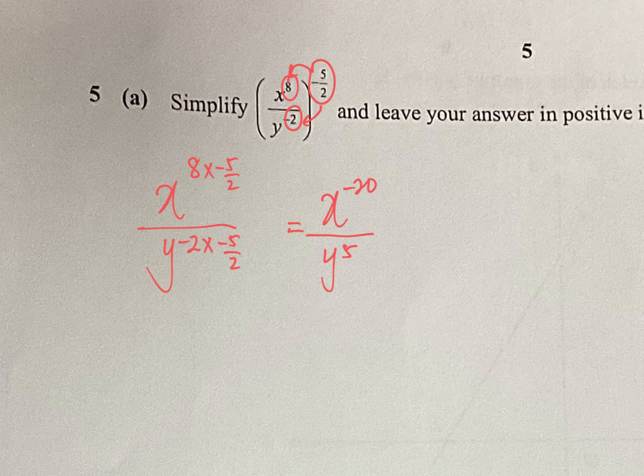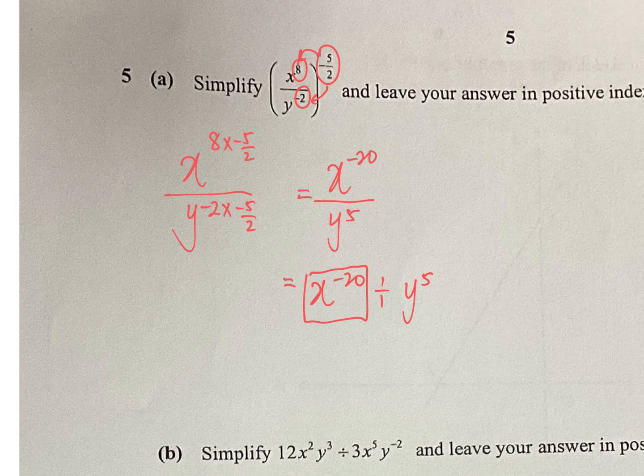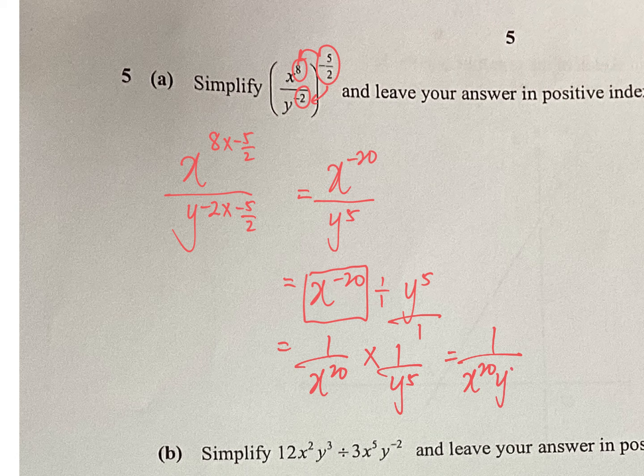Okay? So whenever you are confused, don't know what to do, actually you can rewrite it as, okay? And what is this? This is 1 over x^20 times, flip this. So your final answer is actually x^20, y^5.